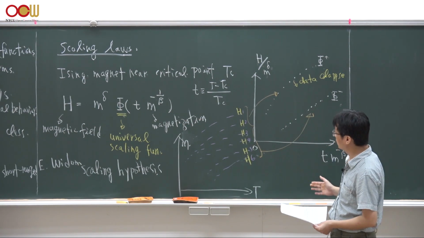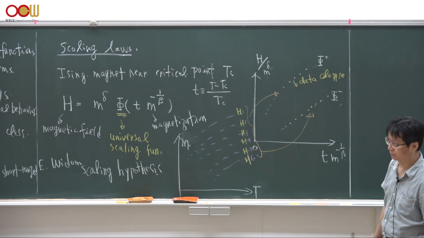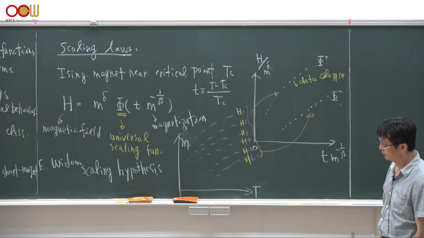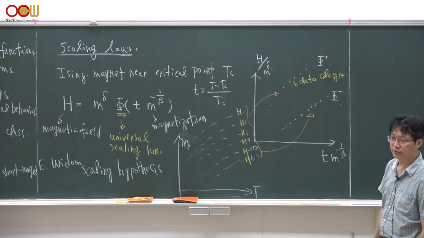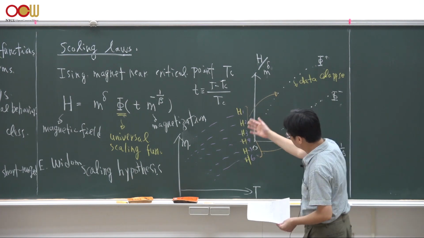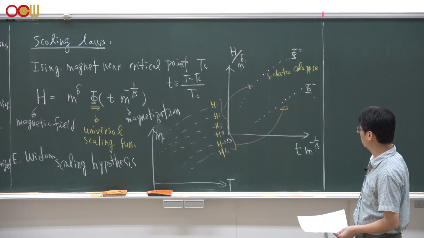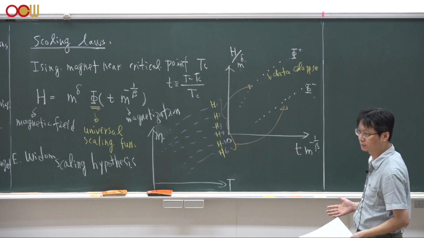So this scaling function is really something important and has significance both in theory and experiments. From both sides of physics, this is really dramatic and really deep because something universal is happening. Okay?